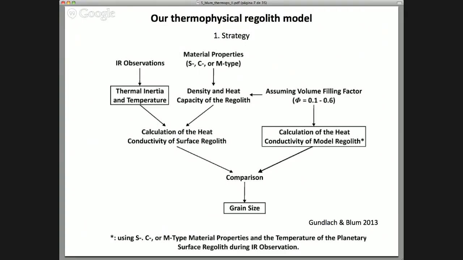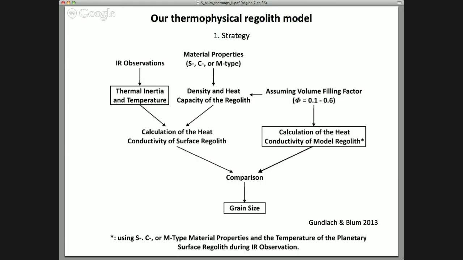Okay, so the main part of my talk is our thermophysical regolith model. This is our strategy. We take what most of you are doing, namely observations, to infer thermal inertia and give us pictures of the observations. We take the material property of a particular object, derive the density and the heat capacity from the material properties of the object, and assume a filling factor. Filling factor may vary a lot. Assume a certain fixed constant filling factor.